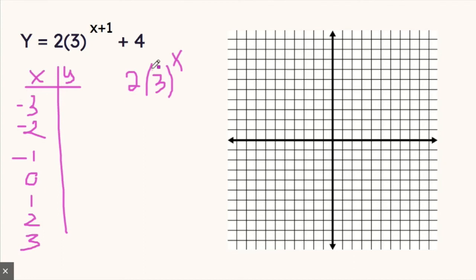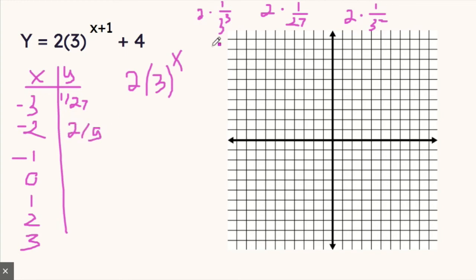With -3, it's going to be 2 times 1 over 3 to the 3rd power, which is going to be 2 times 1 over 27. With -2, it's going to be 2 times 1 over 3 squared, which is going to be 2 over 9.